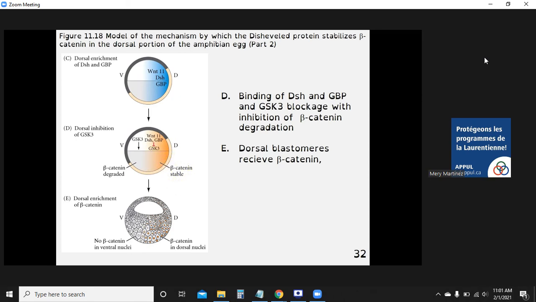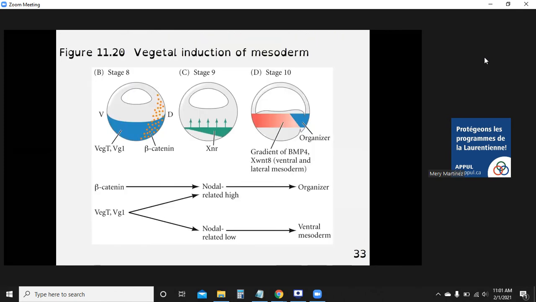So everything gets accumulated into that dorsal section that will become the dorsal blastopore lip. So here, once again, we have that beta-catenin accumulated, and we have the VegT and Vg1 that we have already seen in the endoderm section.